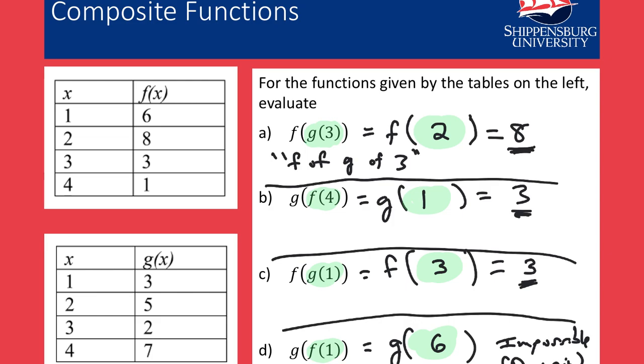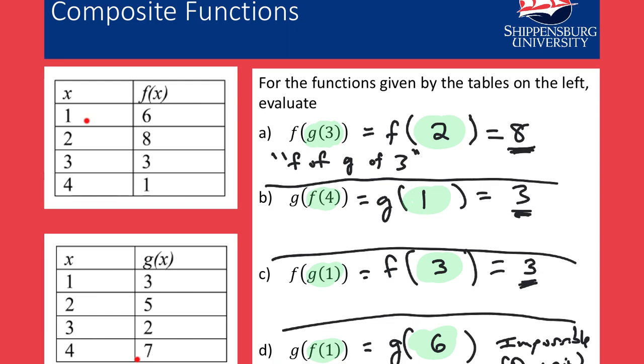But the point I wanted to make here is that the input 1 is completely fine for f. f of 1 is 6, so that's fine. But then that leads us to have to evaluate g of 6, and there is no value of g of 6. So what that means is that when you're chaining these things together, and this makes sense when you think of it as the sort of chaining together process, the range of f here, in other words, the values that come out of f, have to match up with the domain of g in order to be able to get answers.